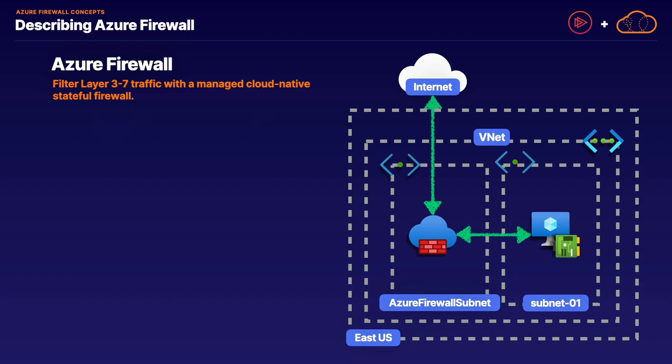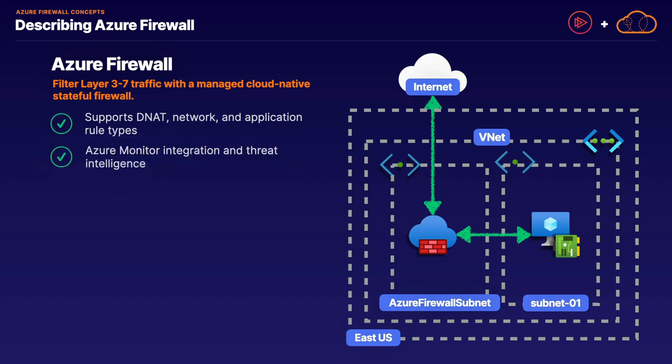Now, with Azure Firewall, we have support for things that we're familiar with in a firewall, such as DNAT, network rules, and application rules. We also have integration with Azure Monitor, and we have threat intelligence features inside of our Azure Firewall. Our Azure Firewalls being deployed in an Azure Firewall subnet provides us high availability via auto-scaling of those resources that are running in the background for this firewall.